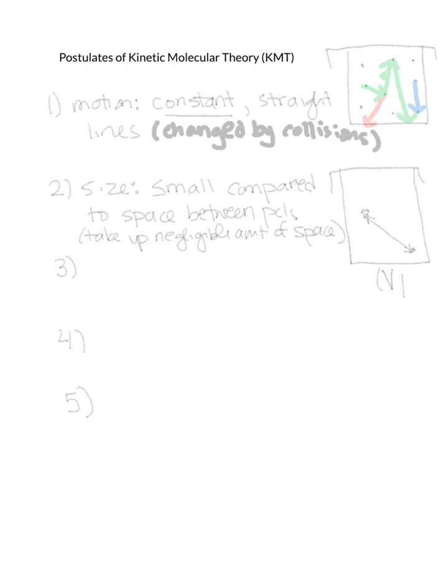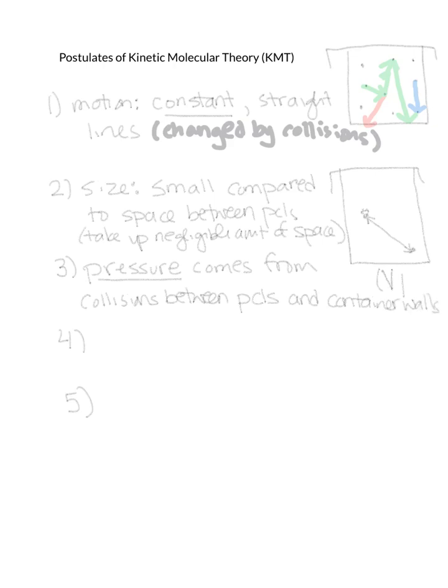Third postulate is about the origin of pressure. So gas pressure, like PV equals nRT, where does it come from? It comes from collisions, between the particles and the container walls.